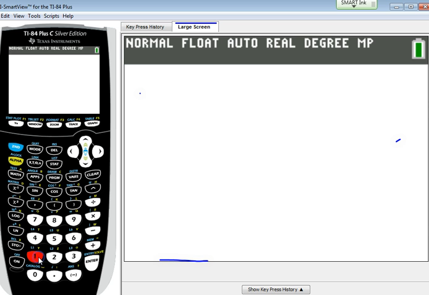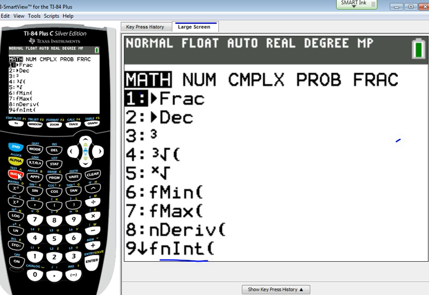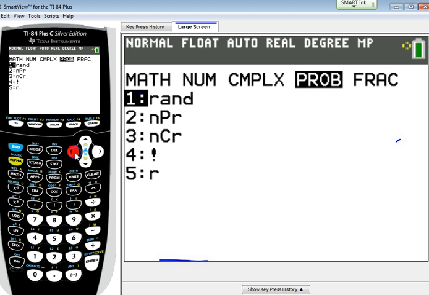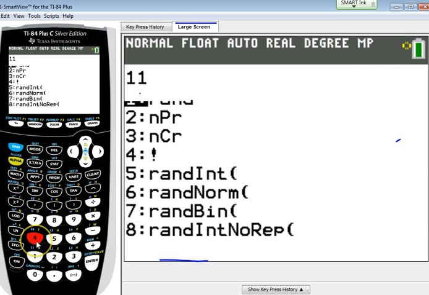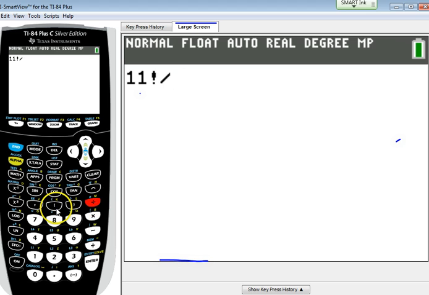On the top we had 11. To get your factorial, you have to go to math and go to PRB and choice 4, divided by, and here's your gigantic set of parentheses.